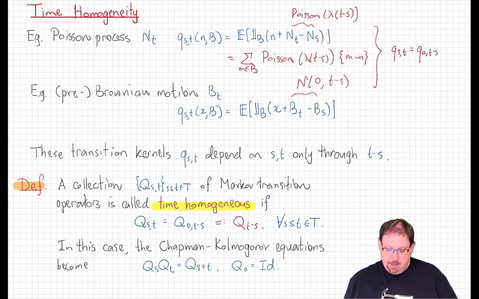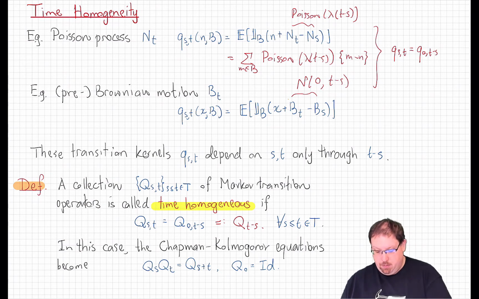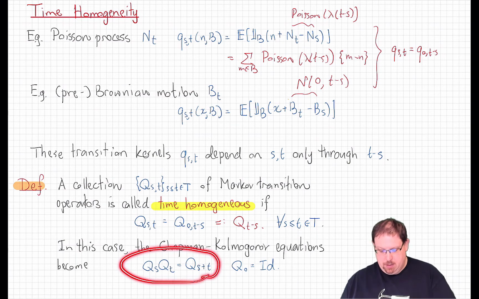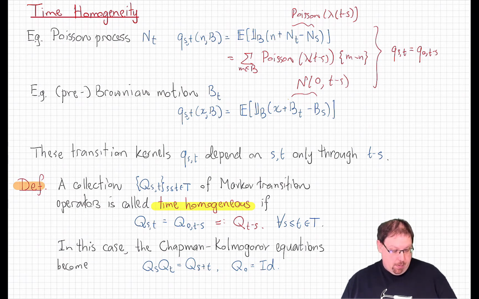In this case, the Chapman-Kolmogorov equations can be restated in a simpler form. They just say this, that Q_s Q_t is equal to Q_{s+t}, and Q_0 is the identity operator. Now that's exactly what Chapman-Kolmogorov says of these operators, but it also allows us to rederive the full Chapman-Kolmogorov in this time homogeneous setting.